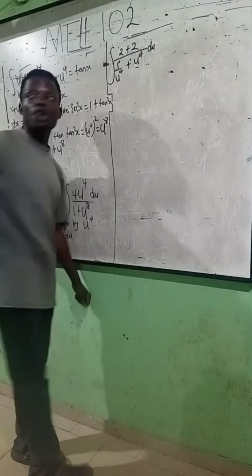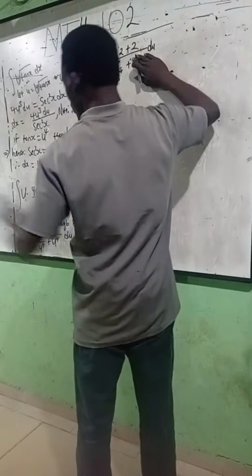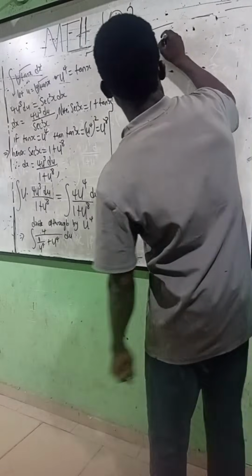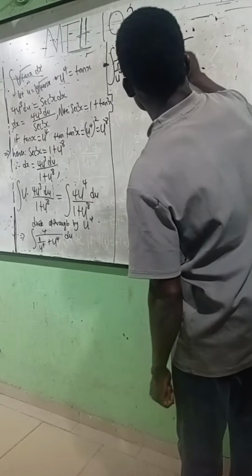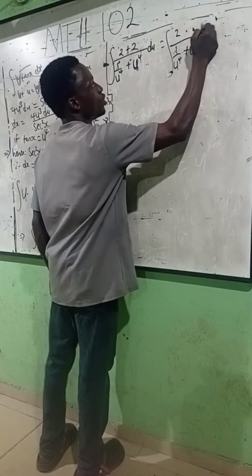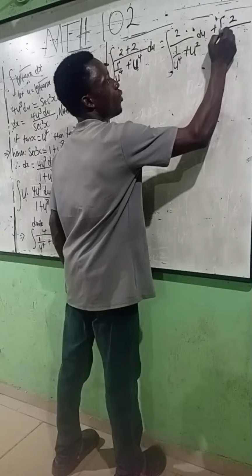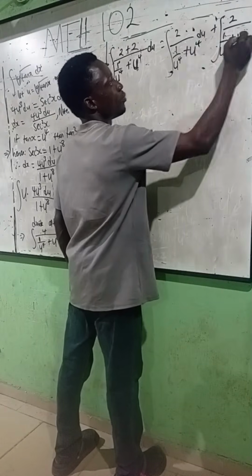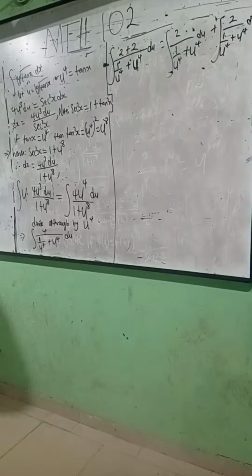There are times that you may not even remember, but you just call back your brain, like you invoke it out. U raised power 4. So which can be written as integral of what? 2 over 1 over u4 plus u4 du plus what? Integral of 2 over 1 over u4 plus u4 du.